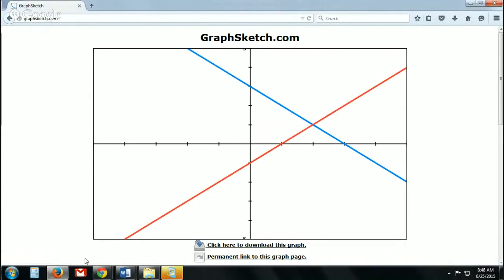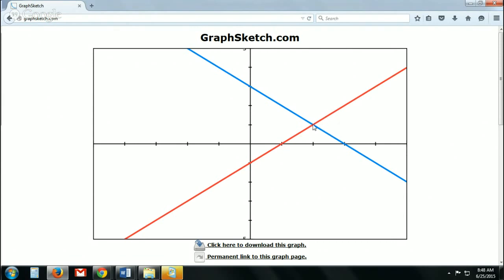And anything that is a solution to the equation we were just looking at now shows up on this red line. You can see 0, -1 and 1, 0, our two intercepts that we found. So now we said that anything that is on the blue line was a solution to the first equation. Anything that is on the red line is a solution to the second equation.